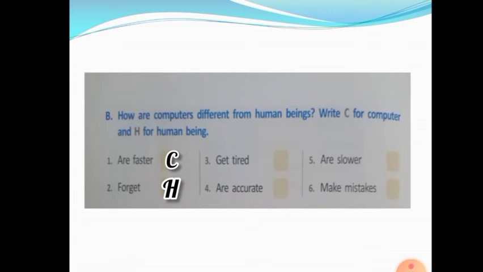The third one, get tired. Human can get tired. So, write the letter H. Next, are accurate. The computer will give the answers accurately. So, it's right for computer. So, write the letter C. The fifth one, slower.